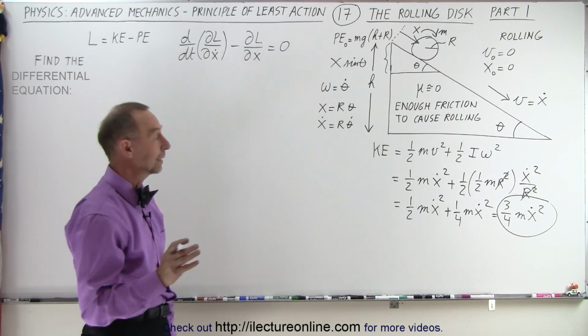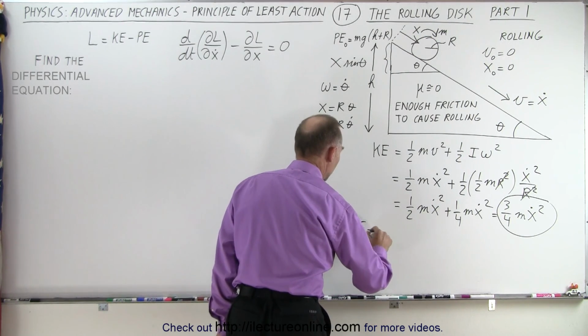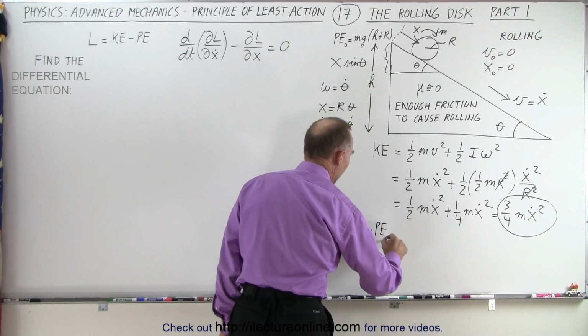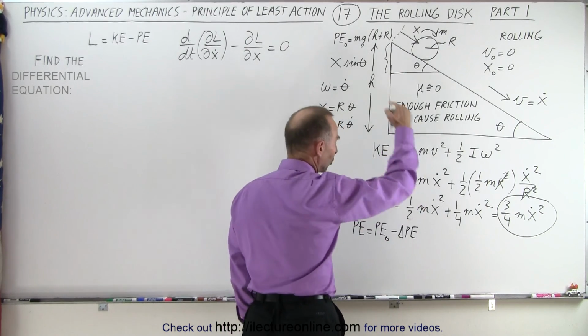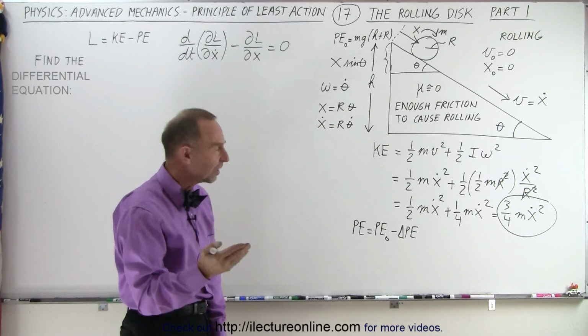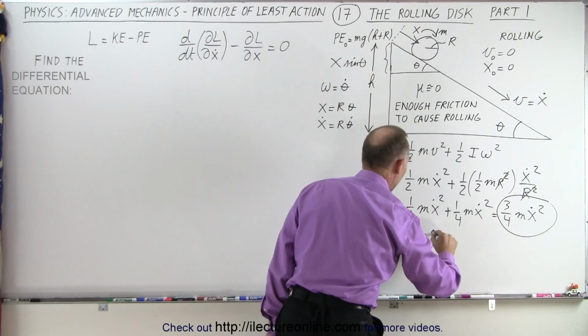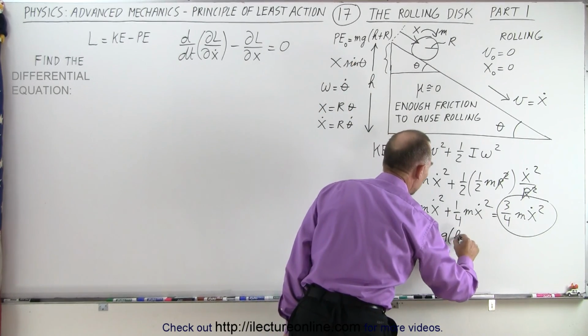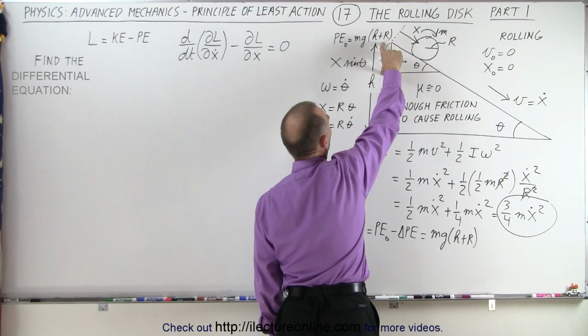So now we need the potential energy. So the potential energy is going to be equal to the initial potential energy minus the change in the potential energy as the disk rolls down. Okay, so it looks like it's going to be the same equation that we got the last time. The original potential energy is going to be equal to mg times h plus r. And then we have to subtract from that the change in the potential energy.